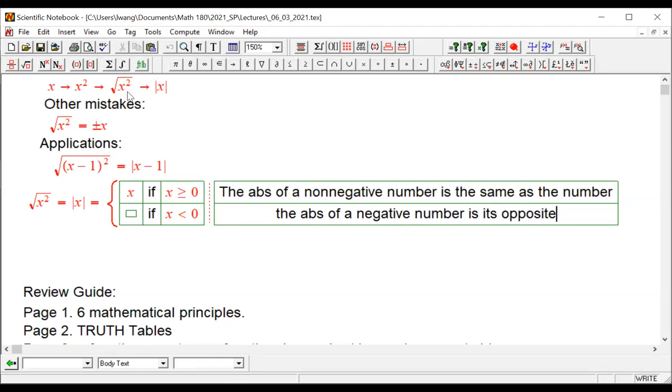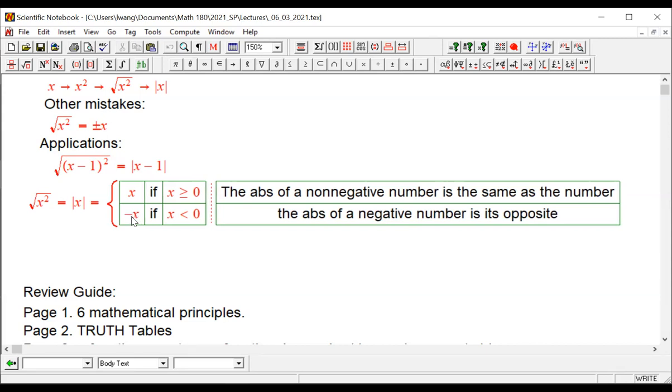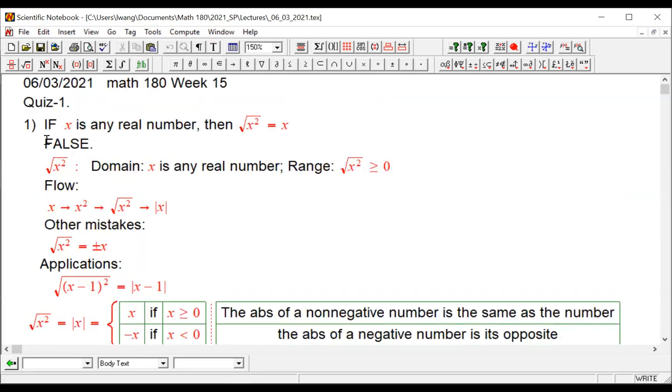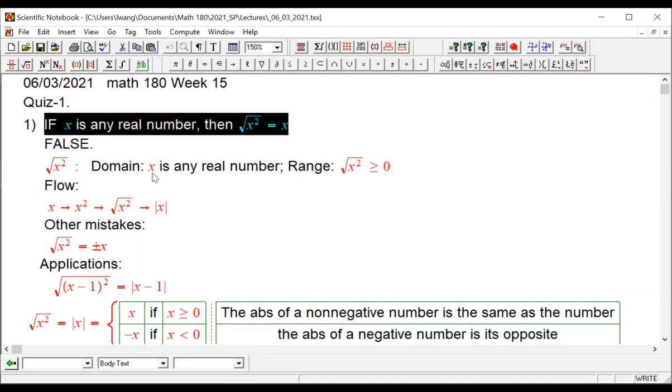So that's the opposite. You can see from here, if you start making this mistake, you're going to miss out on a lot of the other stuff.